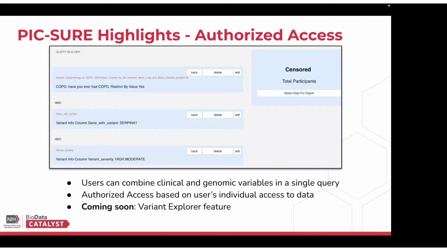As I've mentioned, the authorized access is based on the user's access to data. And hopefully coming soon, we will have a variant explorer feature, which will allow you to view the genomic data in a new and helpful way.